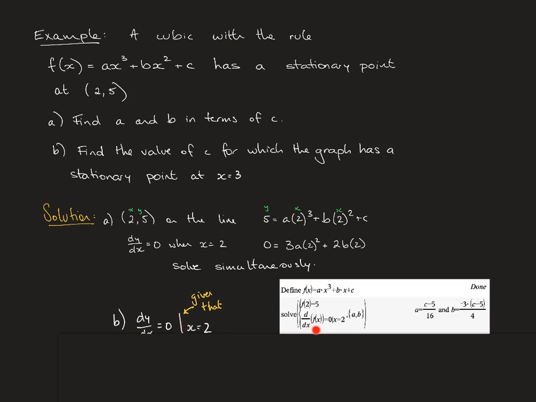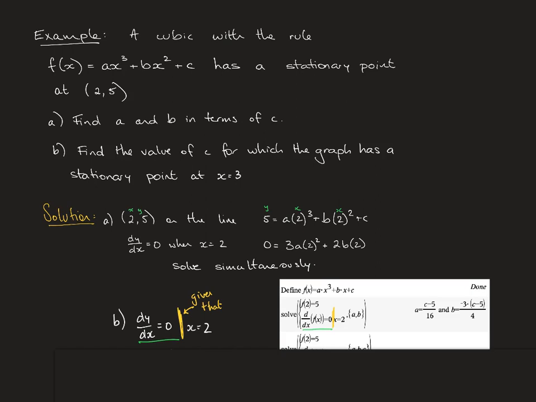So what I've got in this bit here is the derivative, let me just bring this up a little bit more, is that the derivative of y with respect to x is equal to 0. So this bit here is that bit there. Then I've got this given that line here, which is that given that line there, and then x is equal to 2.